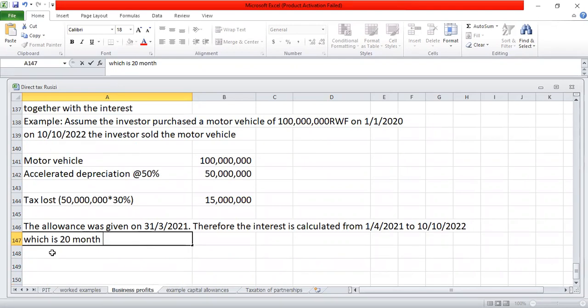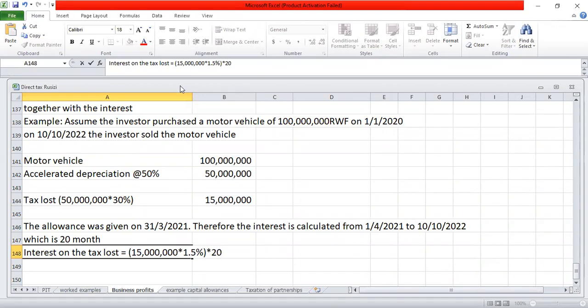So in this case, our interest on the tax loss will be equal to 1.15 million times 1.5% times the 20 months.